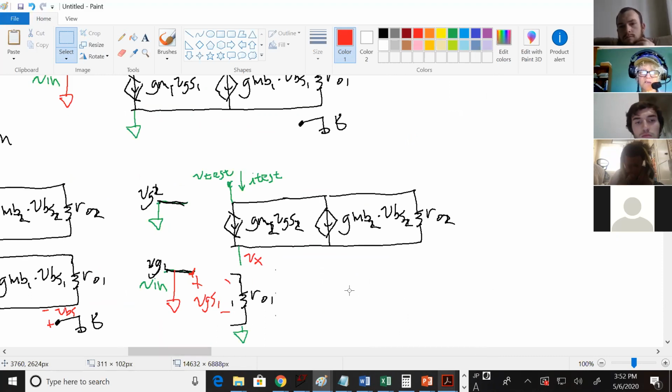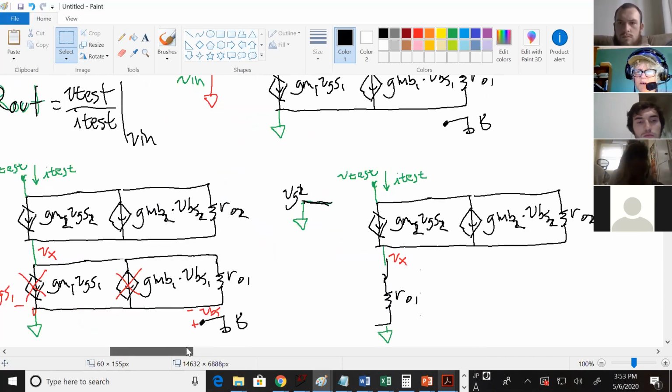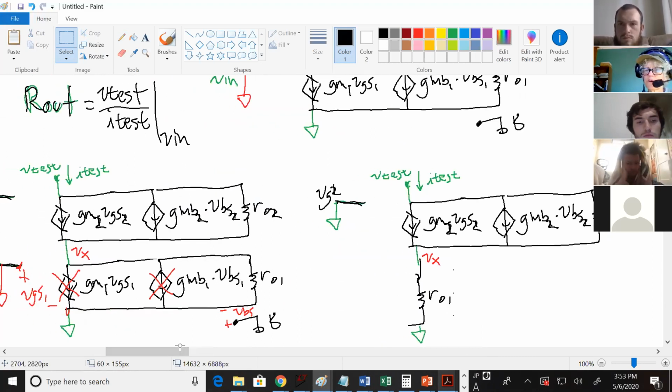Oh, I guess I do, because it's used up top. My bad. But I don't need this gate voltage anymore. Already taken care of. I don't think there's anything else I can simplify. Any questions how we got to this version?